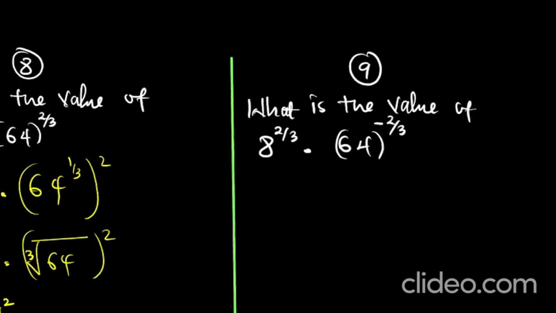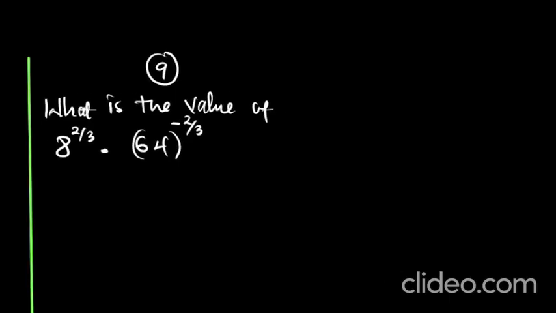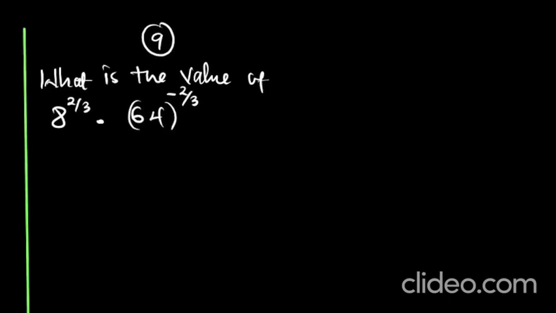Okay, then for this one, number 9, this one is just like the last one we did, but this one is carrying a negative sign here. So not to waste our time, this is the cube root of 8 squared, multiplied by, because of this negative sign, don't forget whenever you have a to the power of negative n, this is the same thing as 1 over a to the power of n.